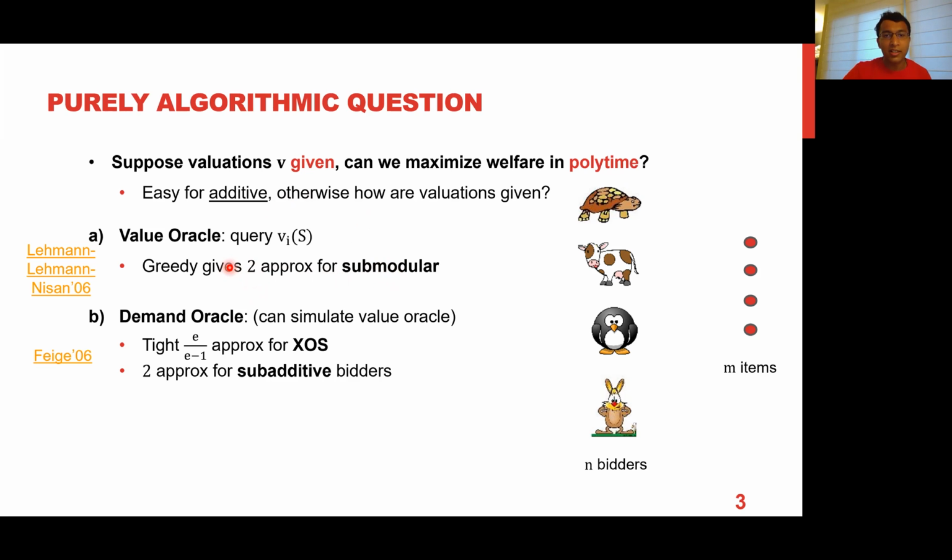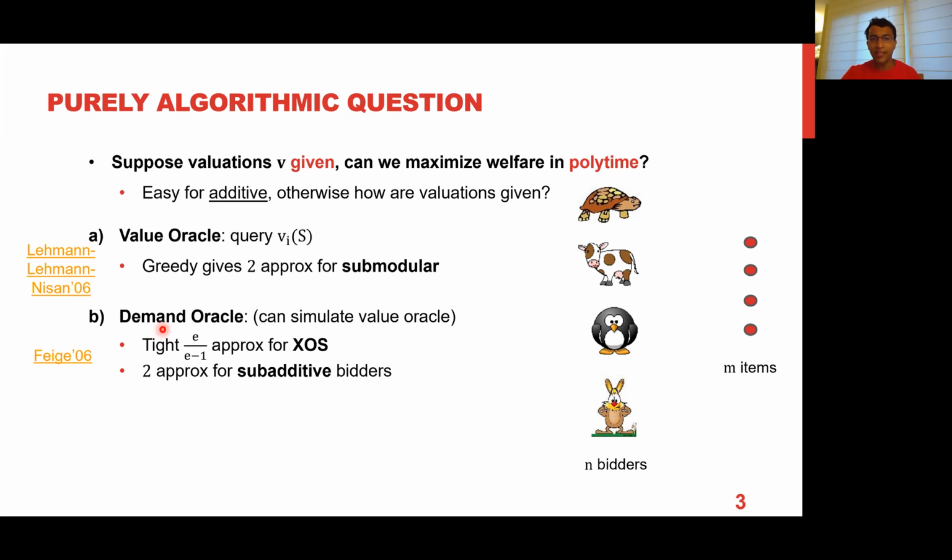Interestingly, if you go beyond submodular valuations, in particular to XOS and subadditive, the main focus of today's talk being subadditive, it's known that the value oracle does not suffice. Using a polynomial number of queries to this value oracle, for subadditive bidders you cannot come up with a constant approximation. However, there is a stronger oracle, known as the demand oracle, which generalizes the value oracle.